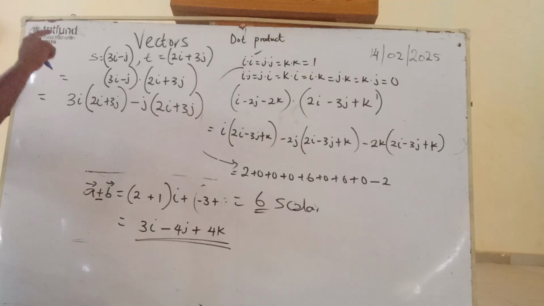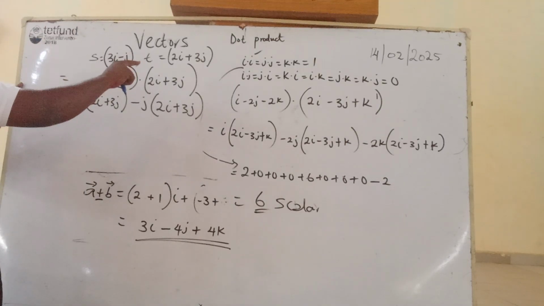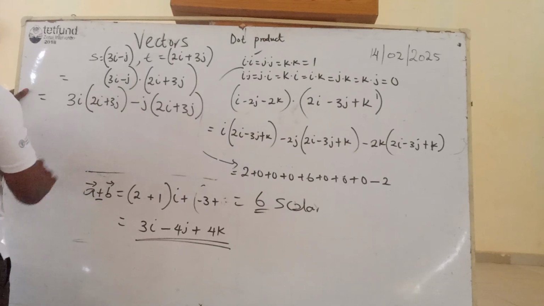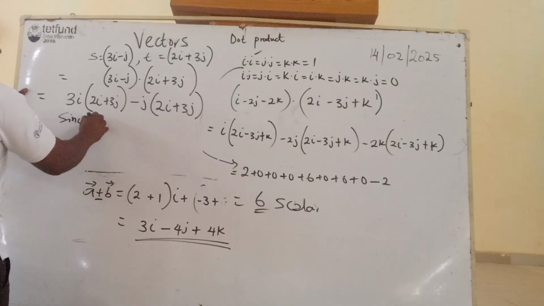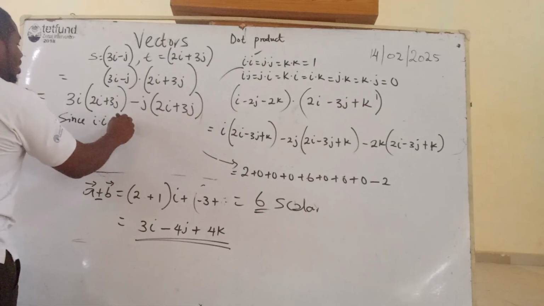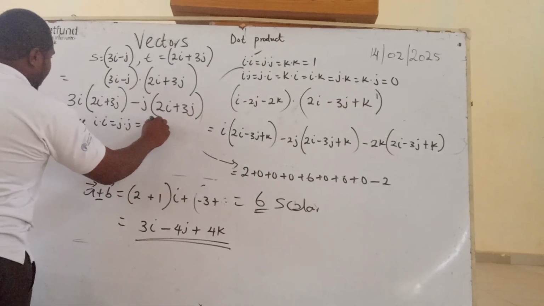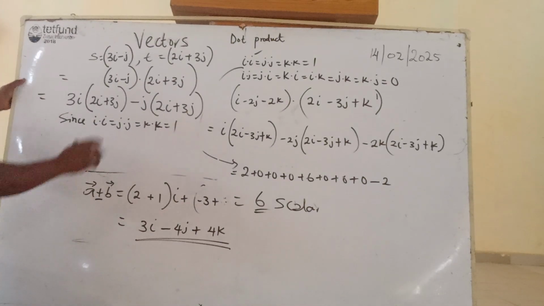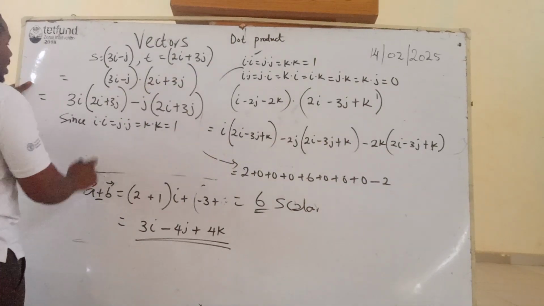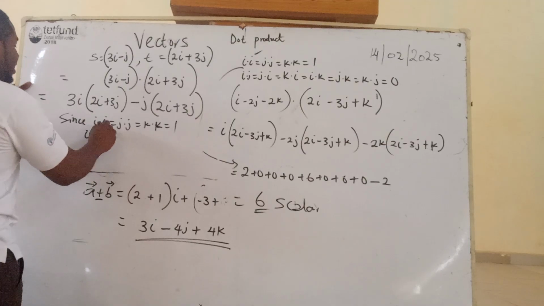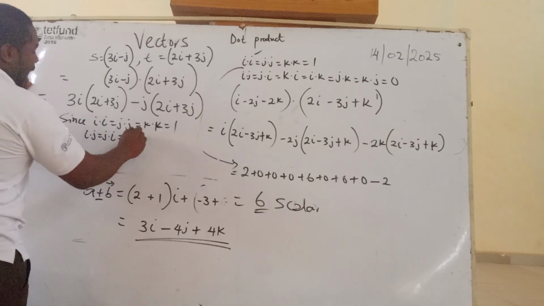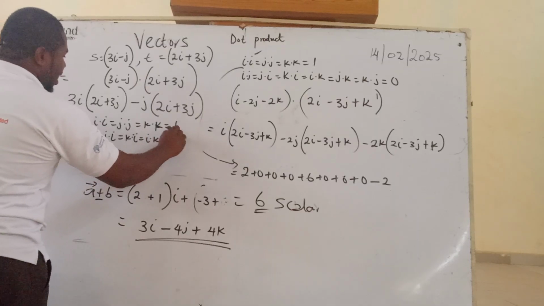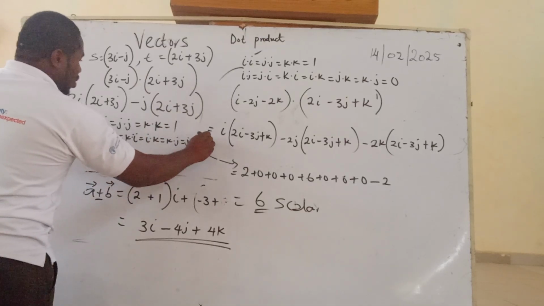Please, always recall this in your exams, in your tests, anywhere you're writing it. I will say: since i dot i is equal to j dot j is equal to k dot k is equal to 1, and similarly, i dot j is the same thing as j dot i, the same as k dot i, i dot k, k dot j, and j dot k, is equal to 0.